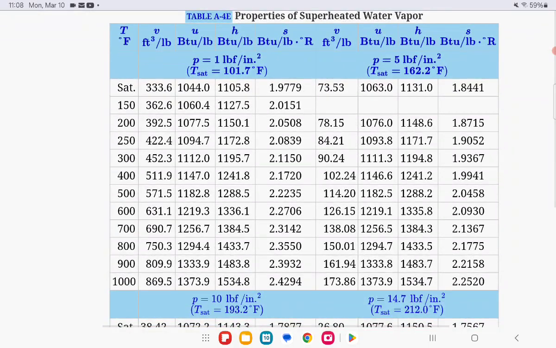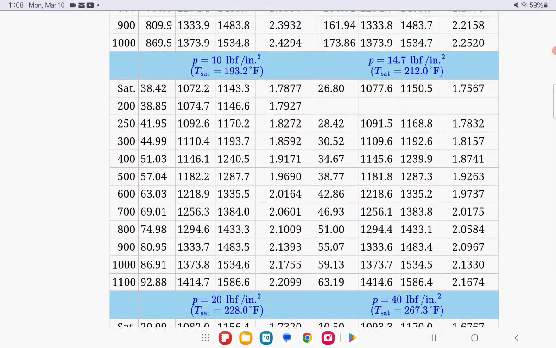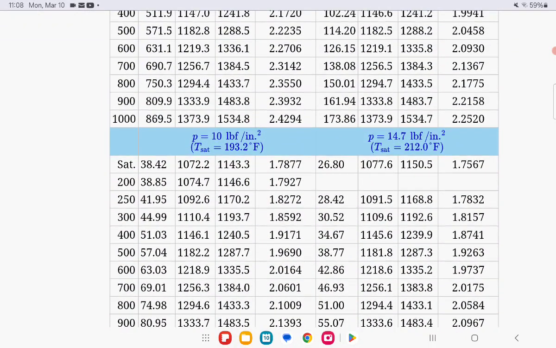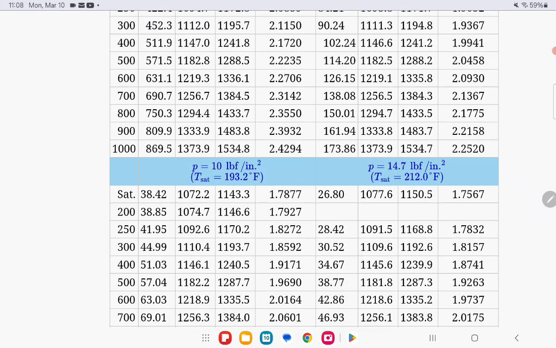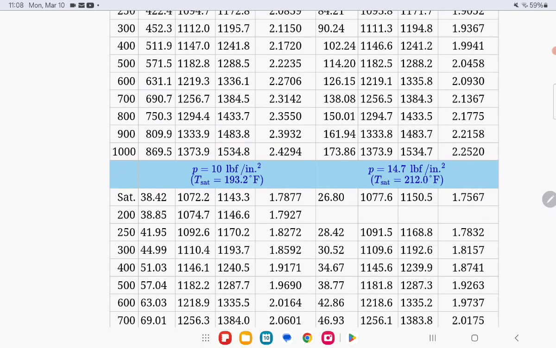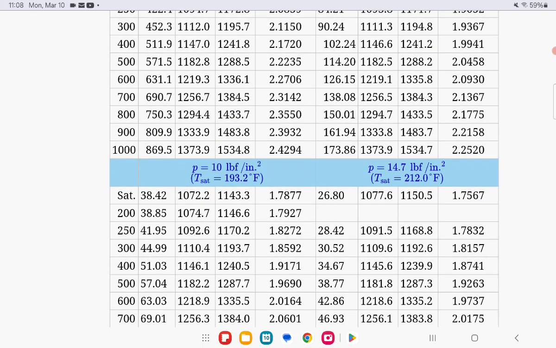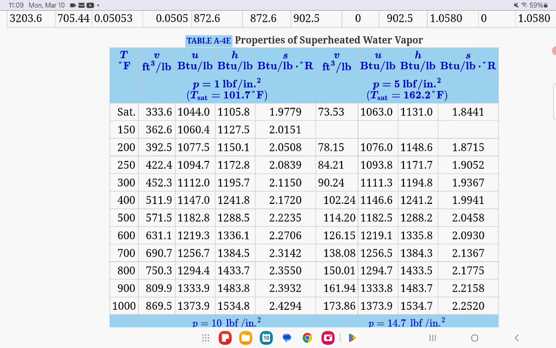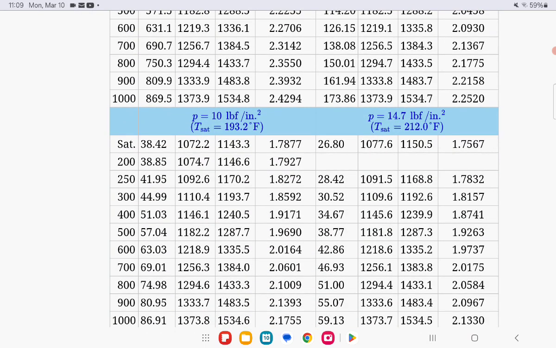We were looking at a pressure of 14.7, which is right here. So 14.7 and a temperature of 500. I can just come across here. What am I looking for? I'm looking for S, lowercase s, in BTUs per pound degree R, and it's in the very last column.